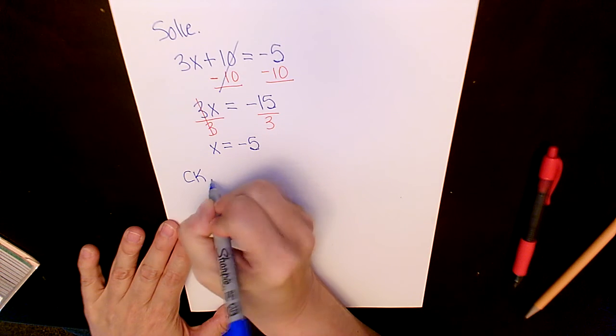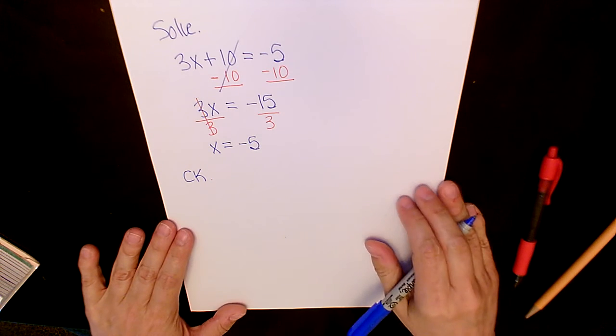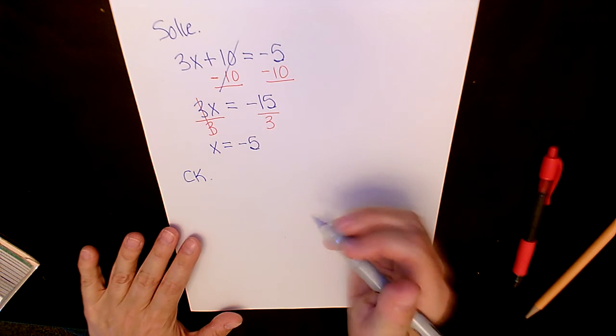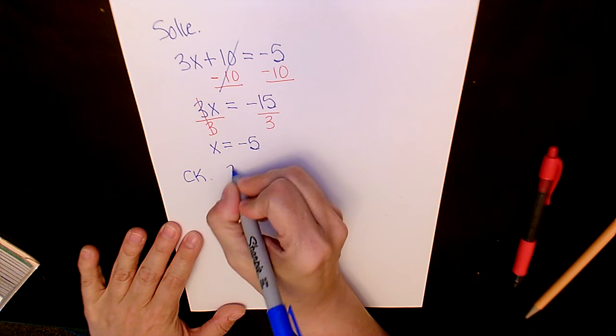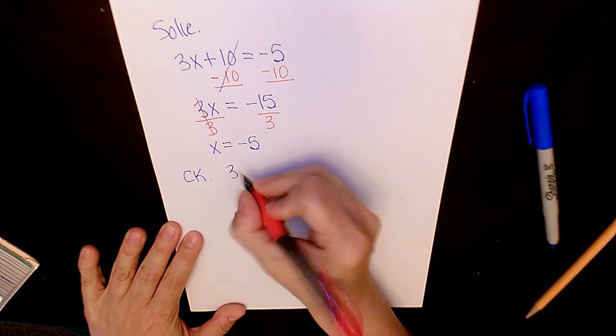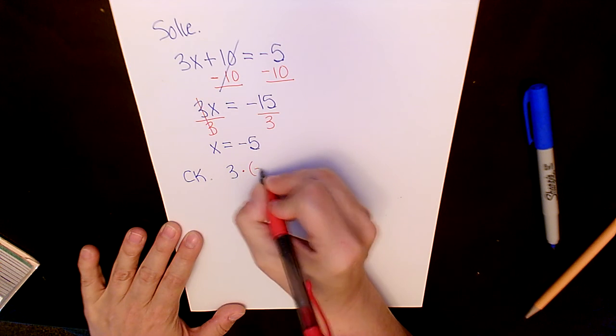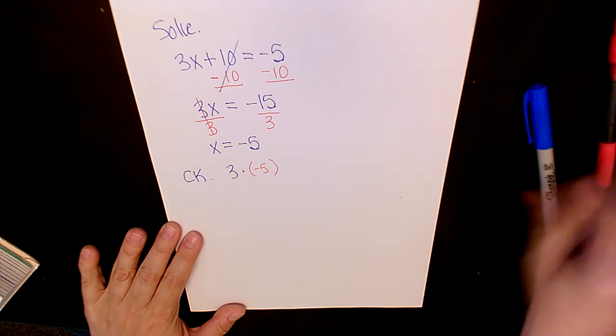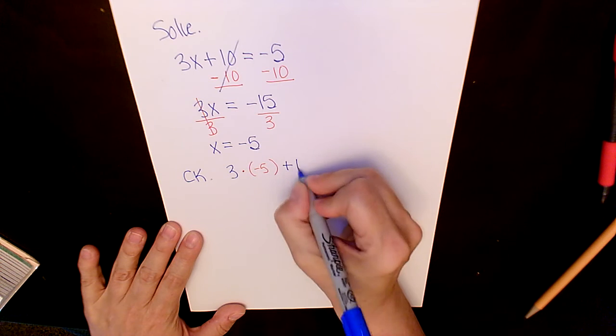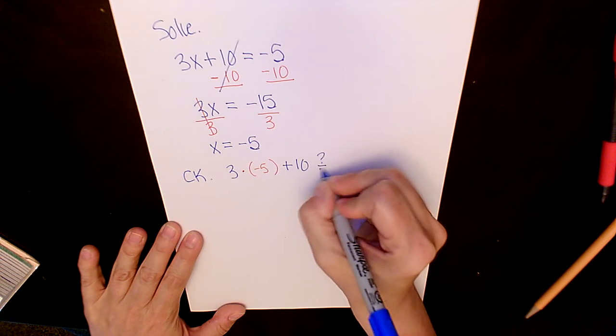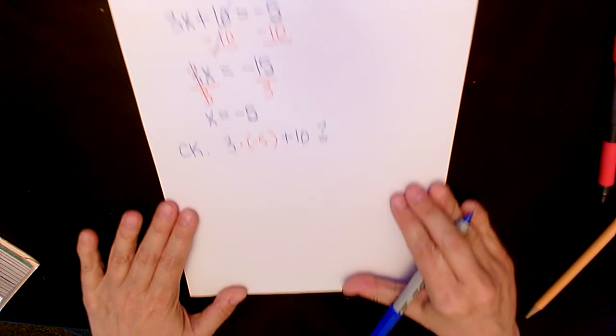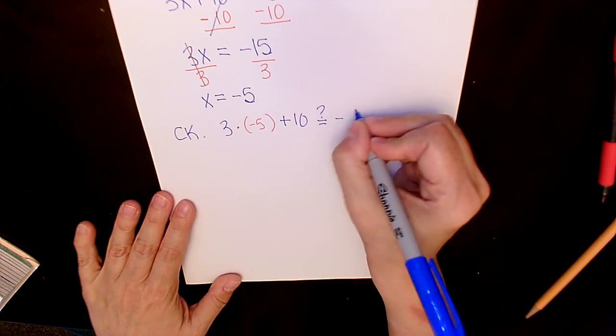And then last, we're going to do a check. Does 3 times -5 plus 10 give me -5?